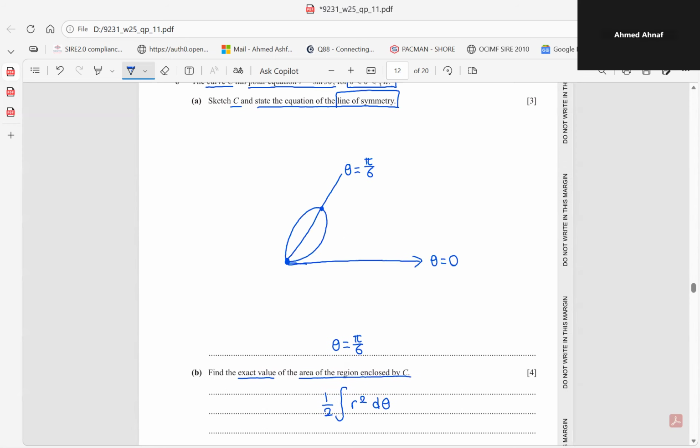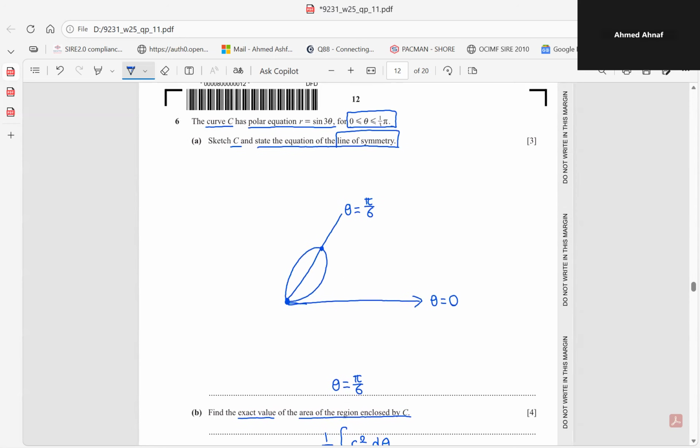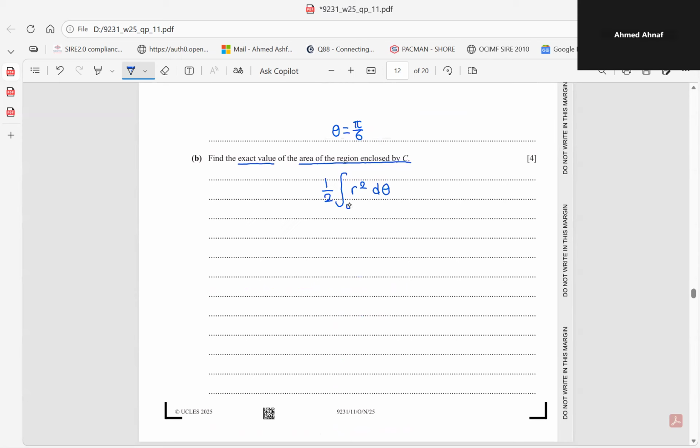In this case, our limits are from 0 to pi over 3. So this is just going to be half integral from 0 to pi over 3 of sine squared 3 theta d theta. Now we need to integrate sine squared 3 theta.